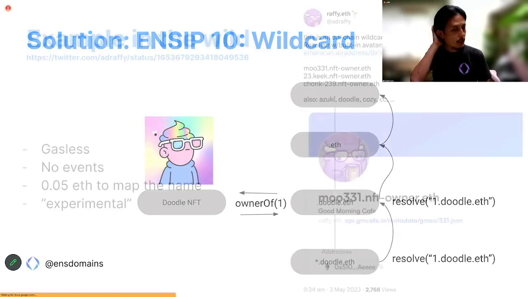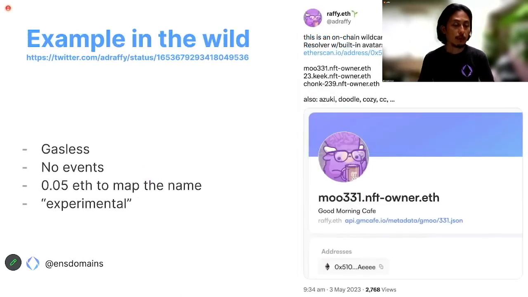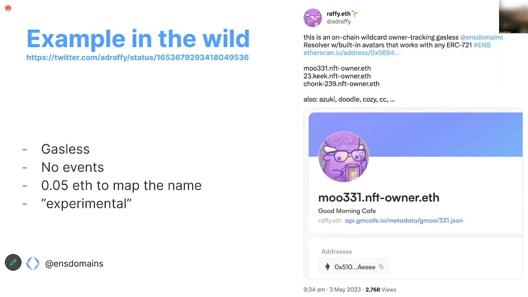Another benefit is that because it's automatically generated, you don't necessarily have to create it, so it can be gasless. We knew that in theory you could do it, but we never had a chance to make it work. One of the great things about the ENS community is that there's always a talented developer trying to tackle interesting challenges.